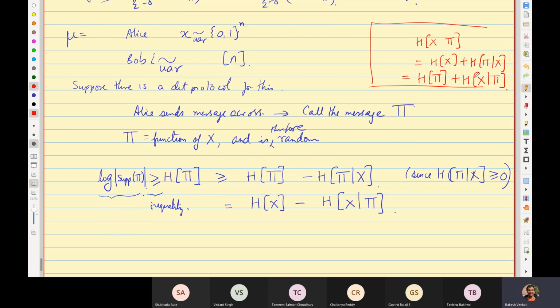So if I just rearrange this, I get that H of pi minus H of pi given X is equal to H of X minus H of X given pi. Okay, so this step is clear. This is a key step, and it will occur in all information theoretic proofs that you will see.